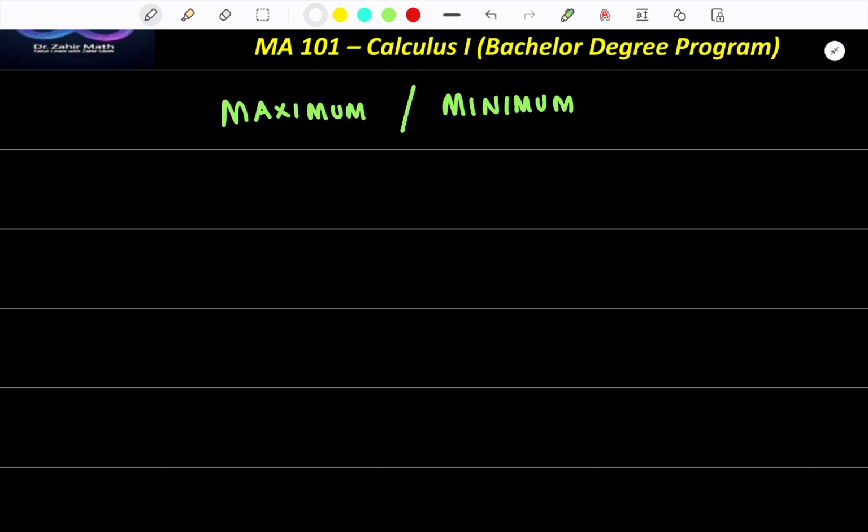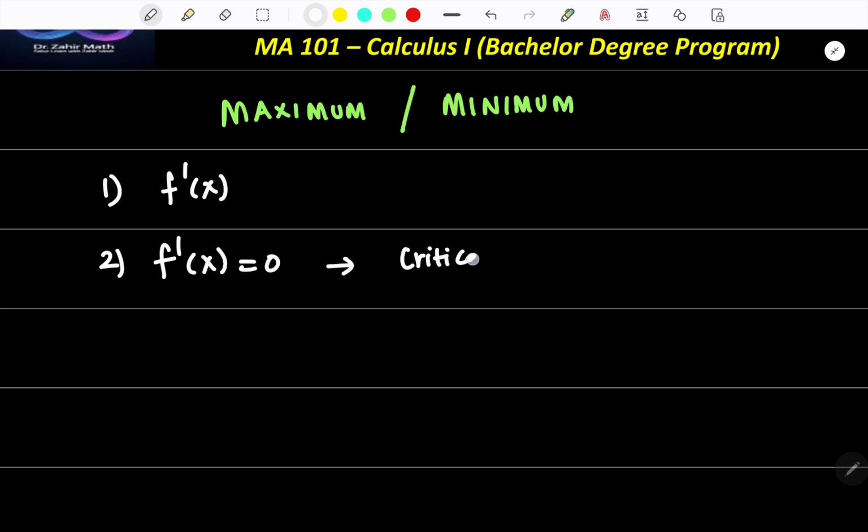What are the rules I'm going to give you? Just listen carefully, right? Step number 1, we are going to find f dash of x. Step number 2, we are going to make f dash of x equal to 0. When I put f dash of x equal to 0, I will get critical points. Clear? Right.